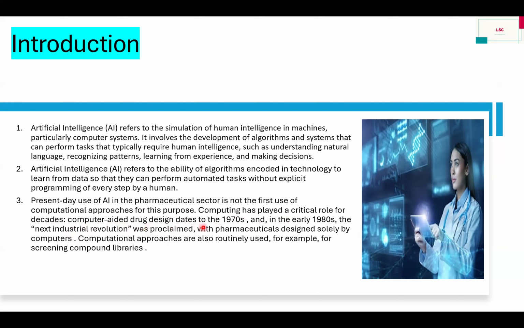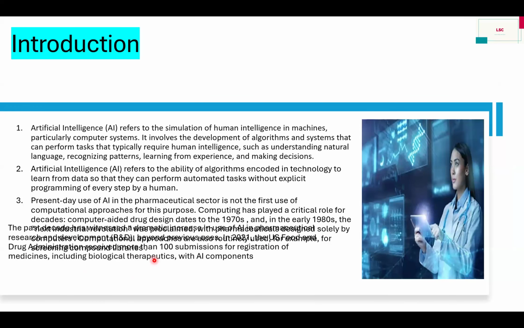Computer-aided drug design dates to the 1970s, and in the early 1980s, the next industrial revolution was proclaimed with pharmaceutical design solely by computers. Computational approaches are also routinely used, for example, for screening compound libraries.